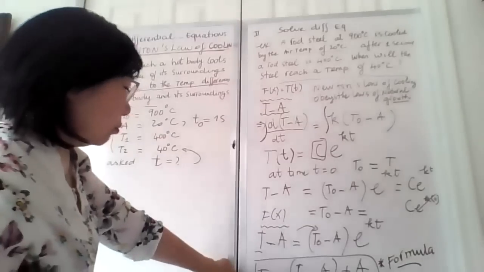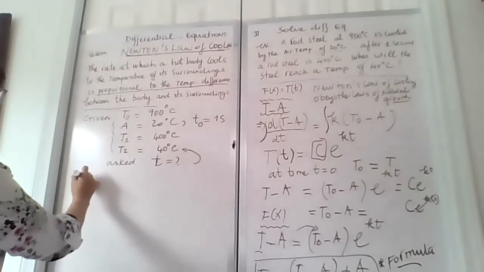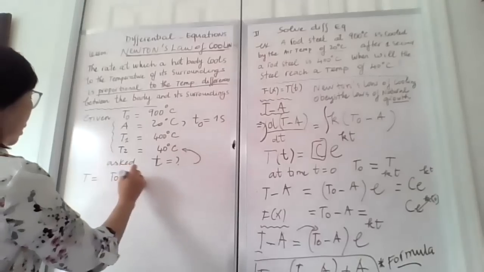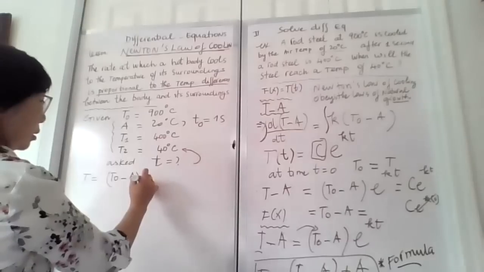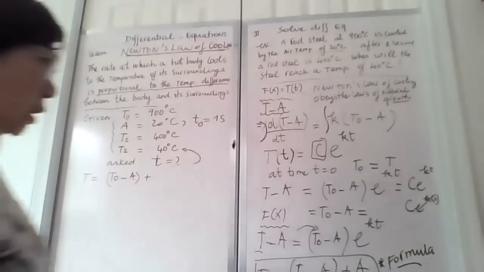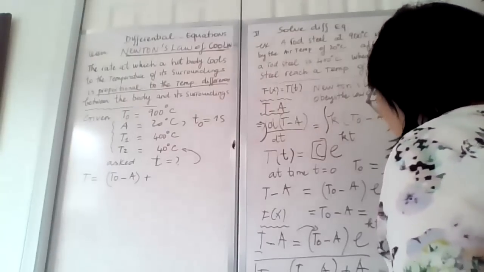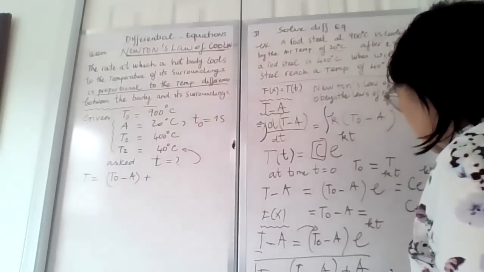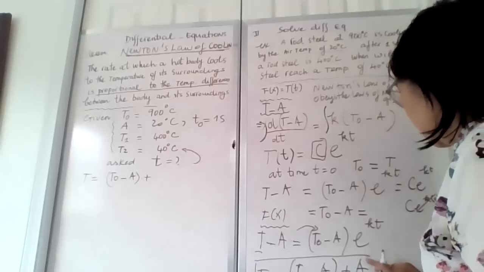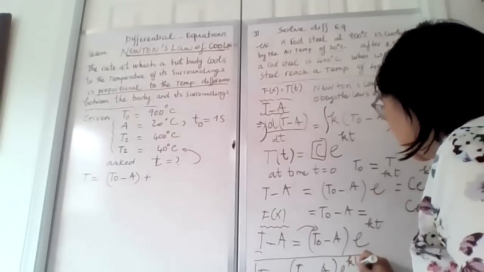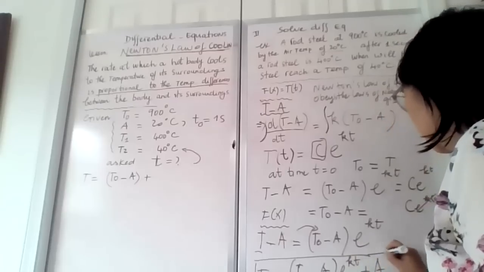Now let's follow the formula. So we have T equal T0 minus A, and actually, I'm sorry, I think that's my mistake. I'm missing the whole thing here. It should be e^(kt), adding A. So that should be the formula.